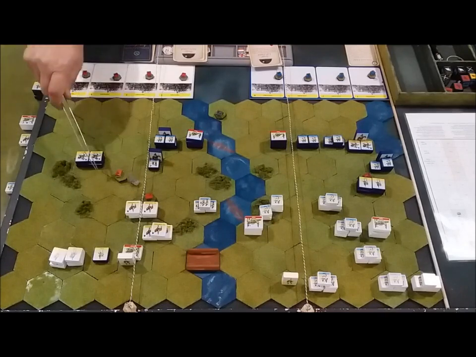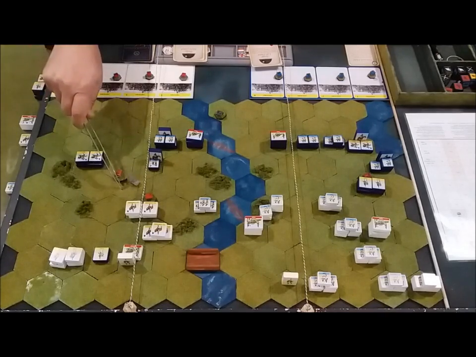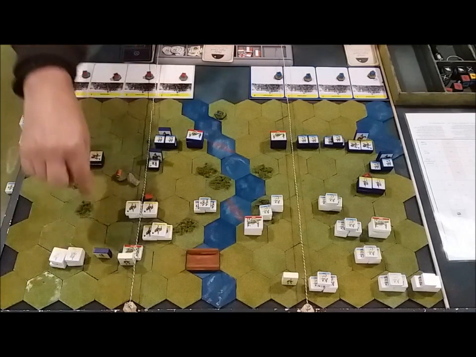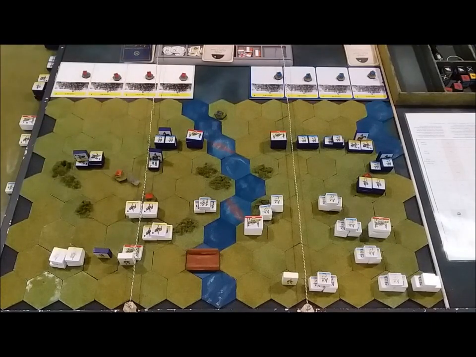If my heavy cavalry comes down into here, it's sort of protected, but these blokes can still come up here. I'm going to have to. Okay, so we're going to probe right flank. So we have this unit and we have this unit.